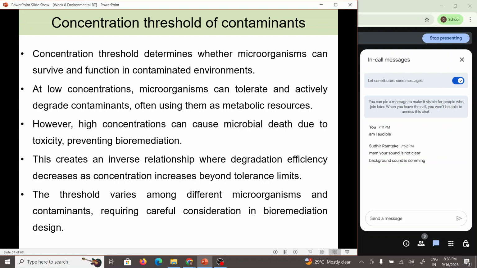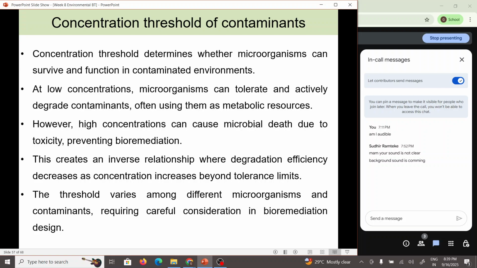beyond tolerance limit. So this particular statement is only for the cases where the contaminant concentration is above the tolerance limit. There is one particular limit called a tolerance limit. If the contaminant is present below tolerance limit, then microbes can easily handle the contaminant by using it as a metabolic resource.